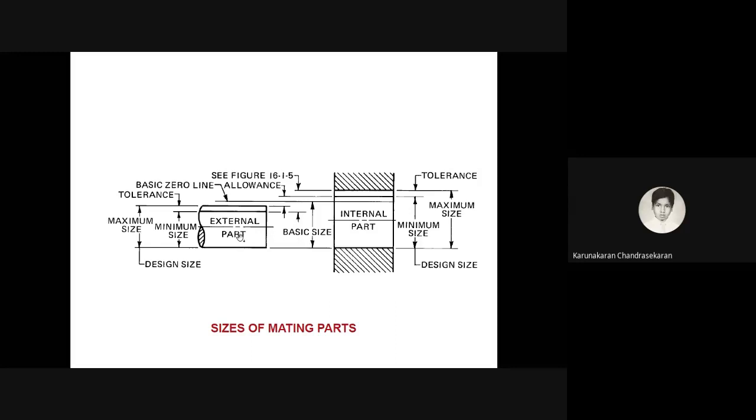And if you see the external part, the maximum size is this one, maximum size or design size. Suppose you are inserting a rectangular or cylindrical part here. This is a design size, and the tolerance here is the minimum size of this shaft and then the maximum size of the shaft. This is the allowable value which they have given.